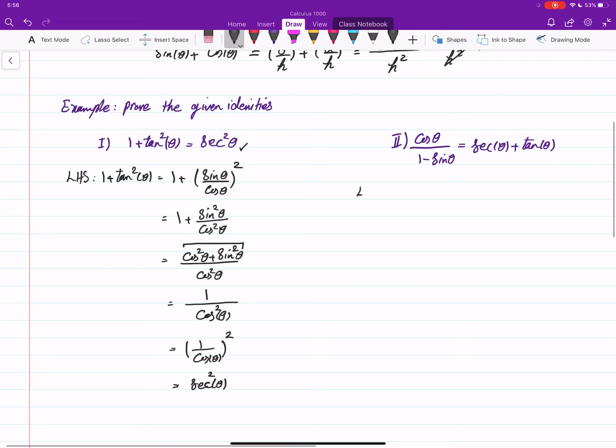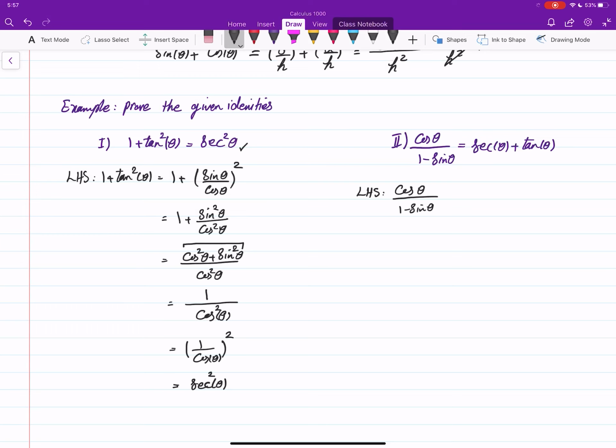For this one, it might be a little bit trickier, because when you look at cosine theta over 1 minus sine theta, we don't see any sine squared or cosine squared.